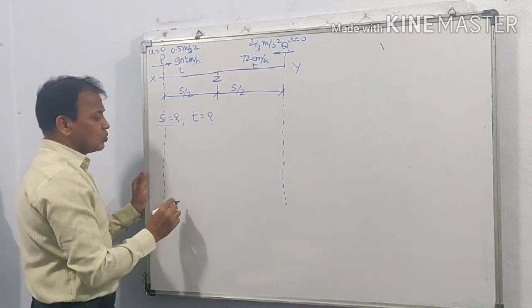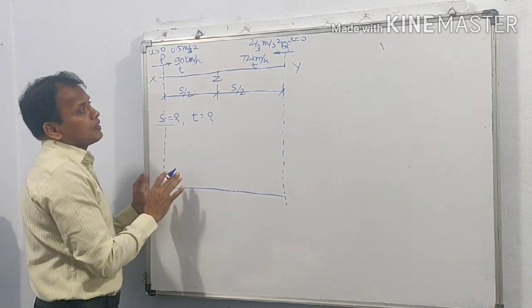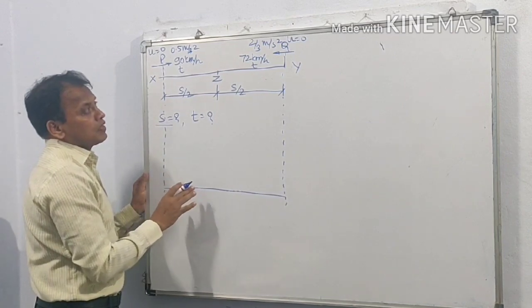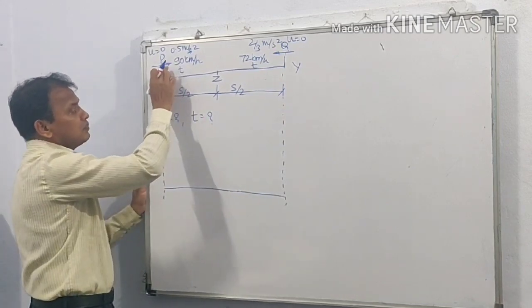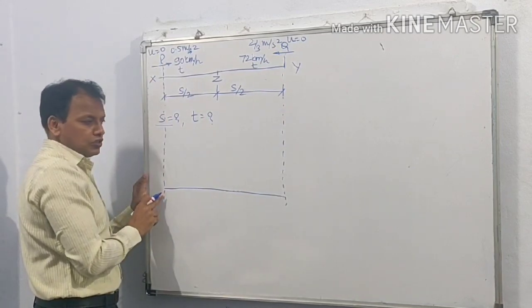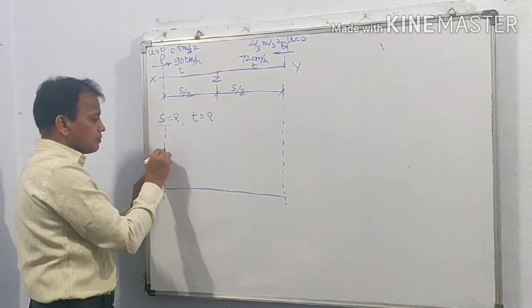Now instead of drawing two different diagrams for the trains, in the same diagram let us show. So for train Q this will be origin, and for train P this is origin. So train P is starting.